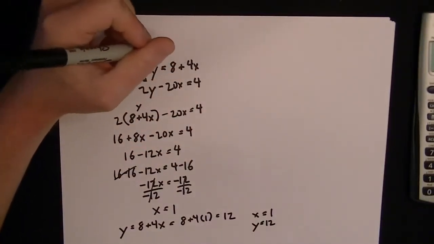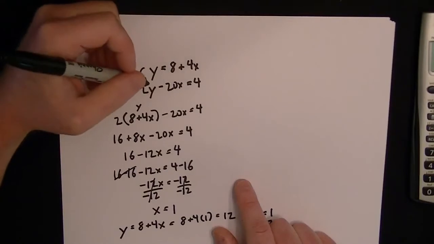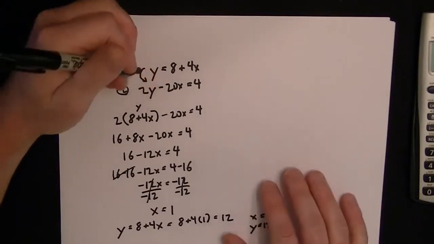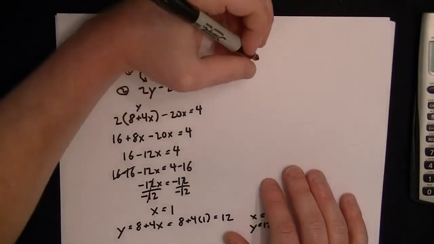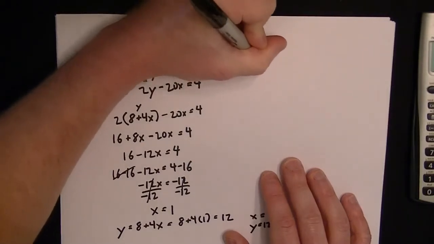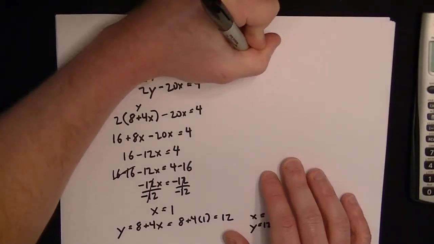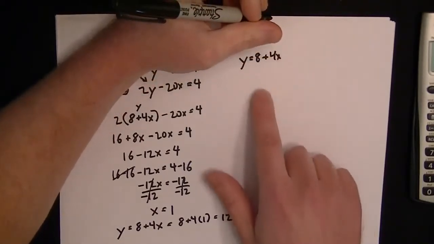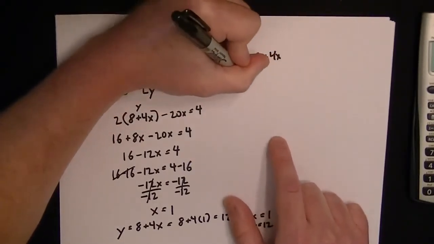Now I could just show here that you could do a different substitution, where you substitute these different ways. Just really quick, we could have done it the other way. So if we start out with y equals 8 plus 4x, we could figure out in terms of x.